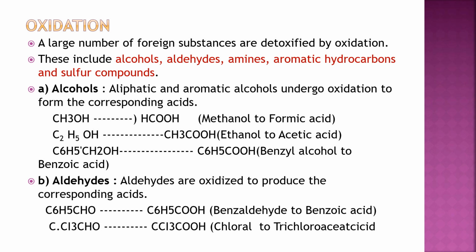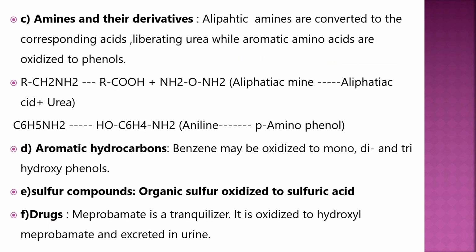Example, methanol is converted to formic acid. Then ethanol is converted to acetic acid. Then benzyl alcohol is converted to benzoic acid. Then aldehydes are oxidized to produce the corresponding acid. Benzaldehyde to benzoic acid, chloral to trichloroacetic acid.